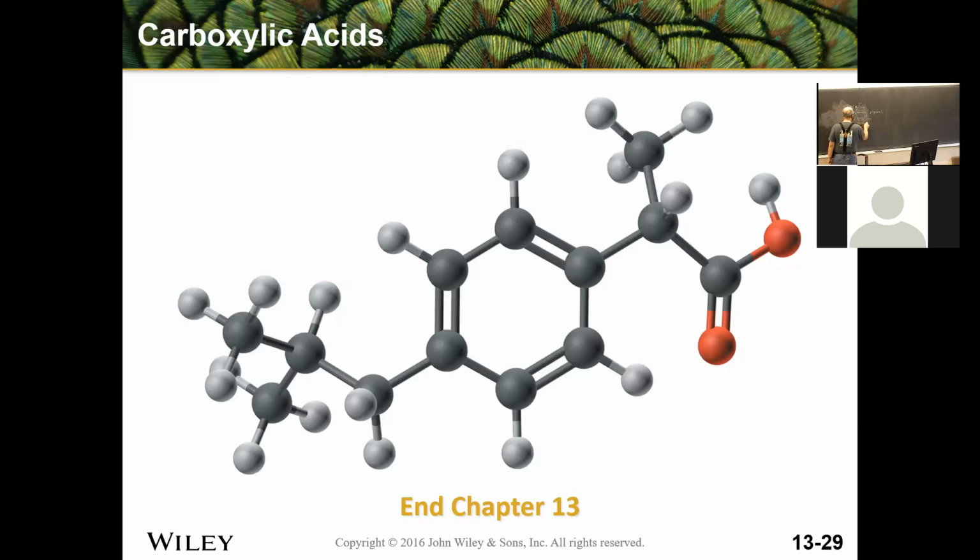In the IUPAC name, 4 carbons would be butanoic acid, and the common name is butyric acid. Again, very similar. The name butyric comes from butter. When butter goes rancid, the butter fat breaks down and one of the compounds it produces is butyric acid.